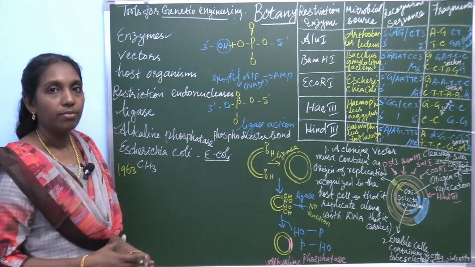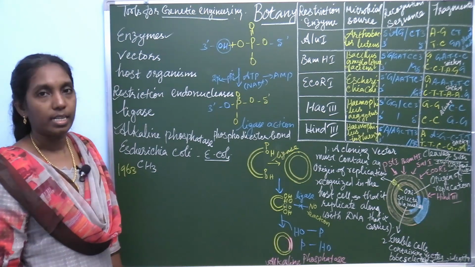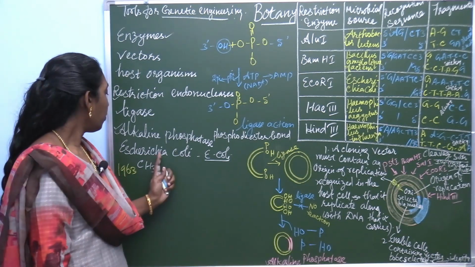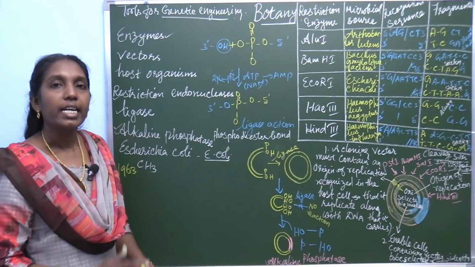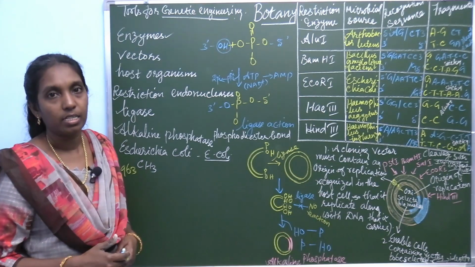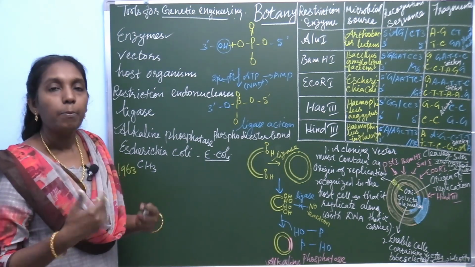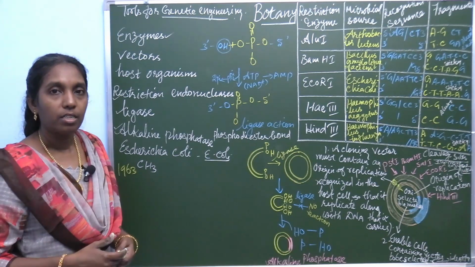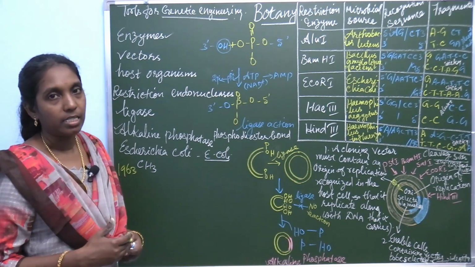In the bacteria, certain enzymes are secreted. These restriction enzymes restrict the growth of foreign invaders, that is disease causing microbes, bacteriophage. What is bacteriophage? The virus which attacks bacteria.